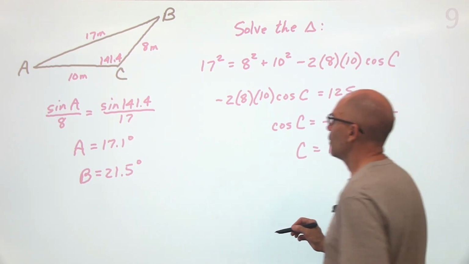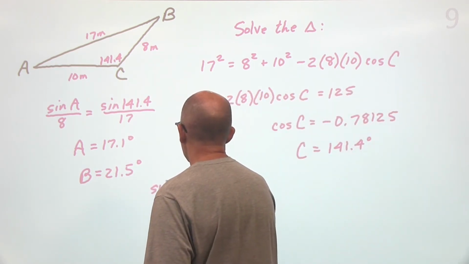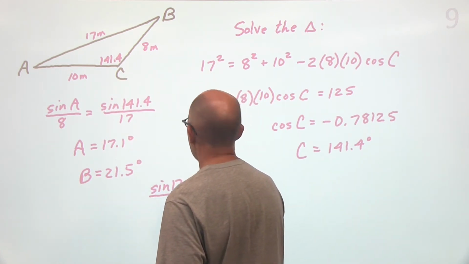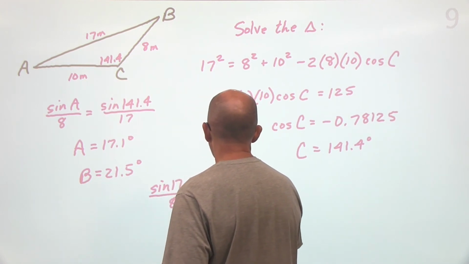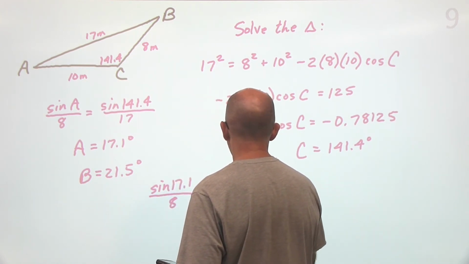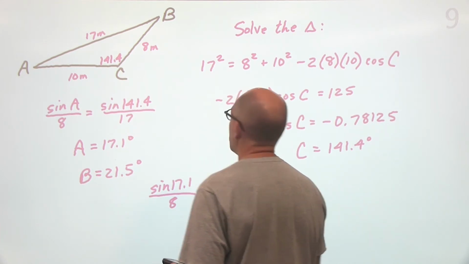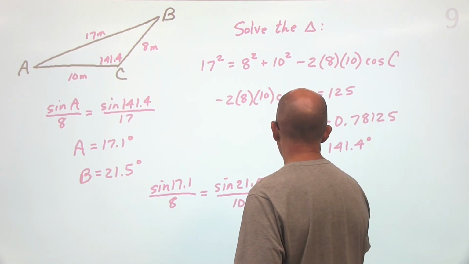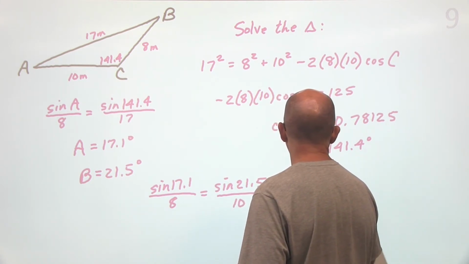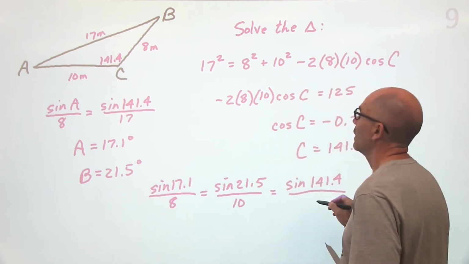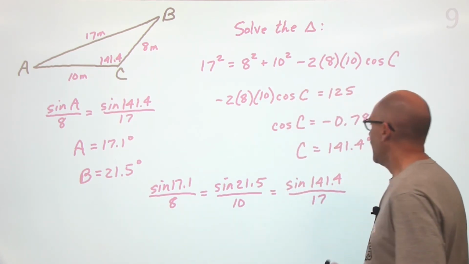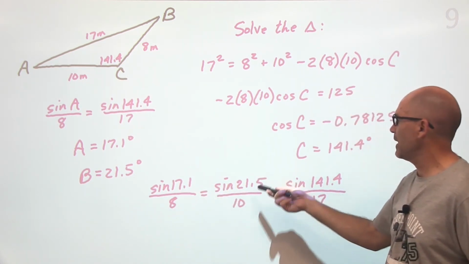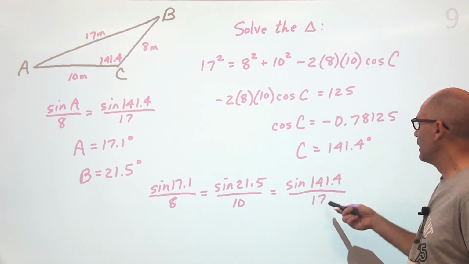So all I do is go sine 17.1, sine A over A equals sine B over B equals sine C over C. Notice the smallest angle has the small side, the medium angle has the medium side, and the biggest angle has the biggest side.